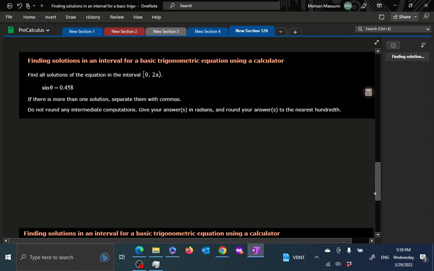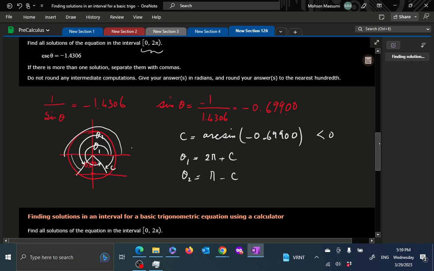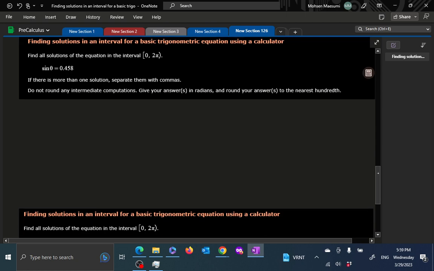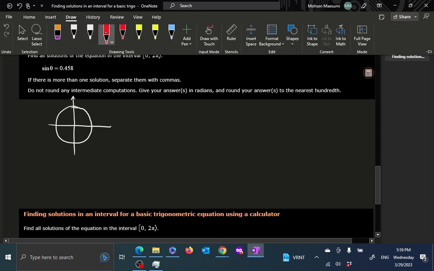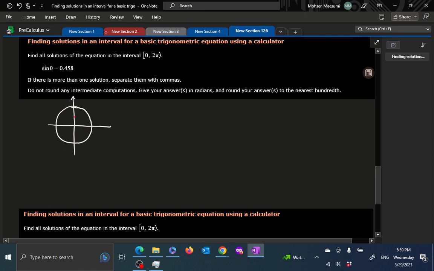This one is very similar to that, except it's straightforward sine. We have an easier time with it because the sine we are given is a positive quantity, 0.458, wherever it is.